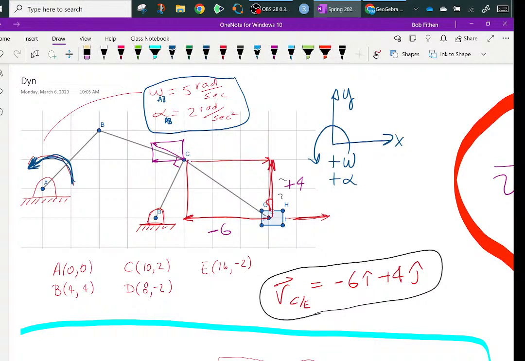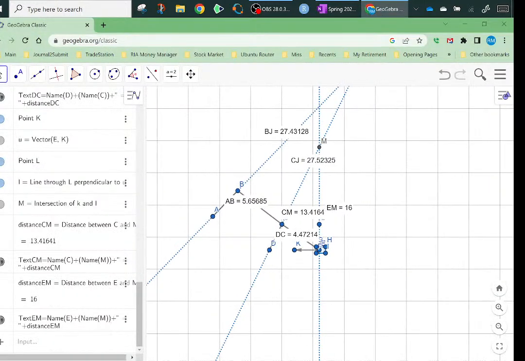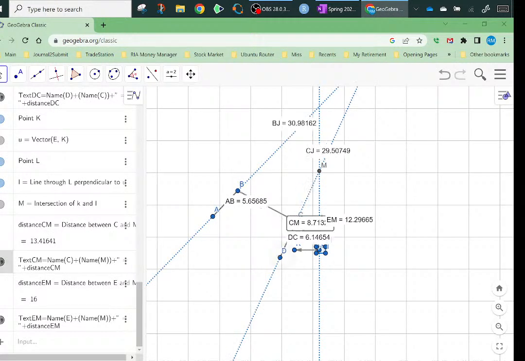So maybe I'll do it that way. I'll even draw it out for you and send it. Y'all have used this GeoGebra thing before? I haven't. I didn't use it till not too long ago because you could find all your distances on it. So what I could do is I'll do that.